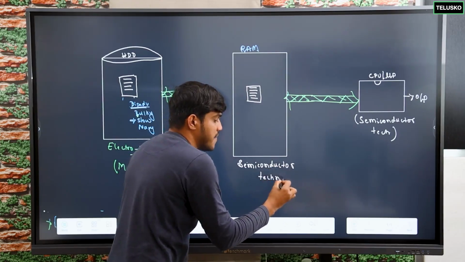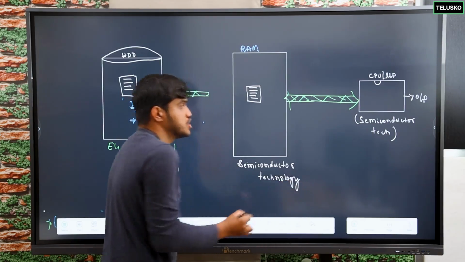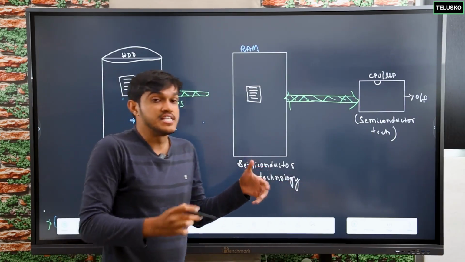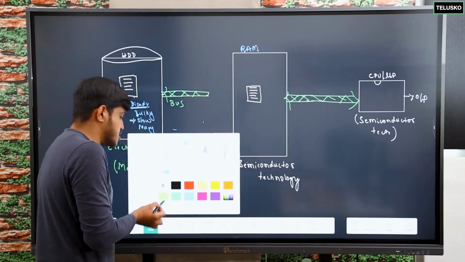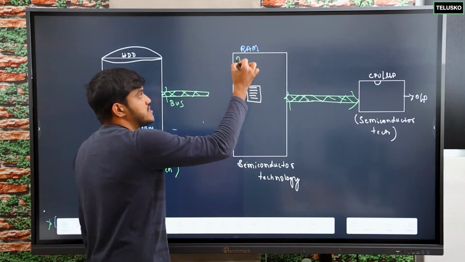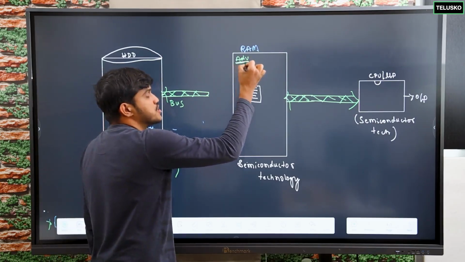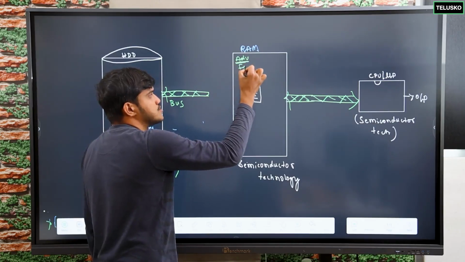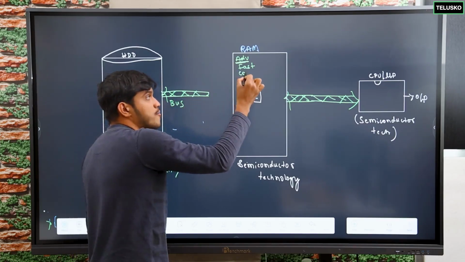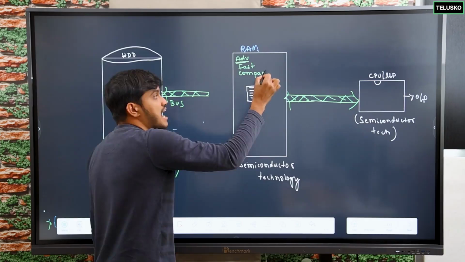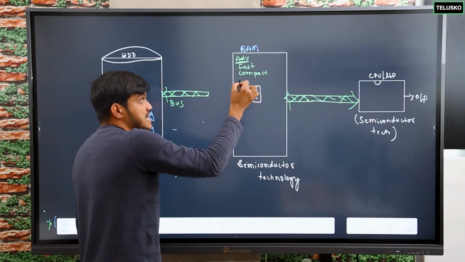And what is one of the major advantages of this technology? It is very, very fast in its nature. The major advantages associated with this memory unit: it is very fast. Compared to the size, it is very compact. It is not as bulky as your hard disk. It is less noisy.